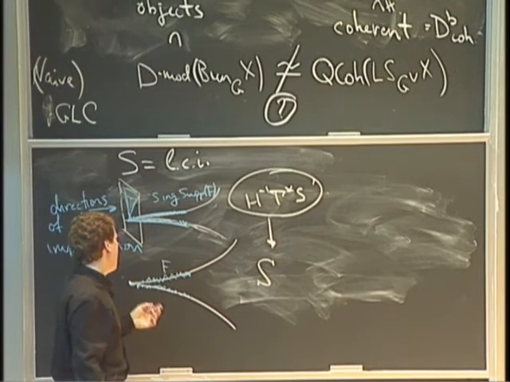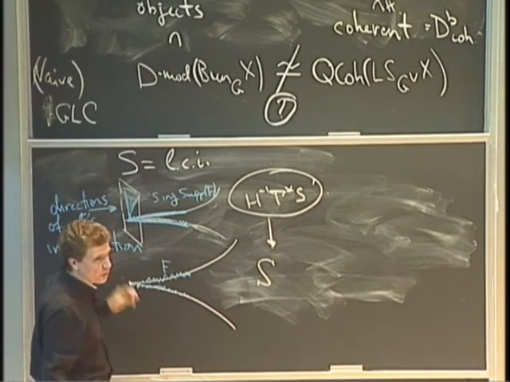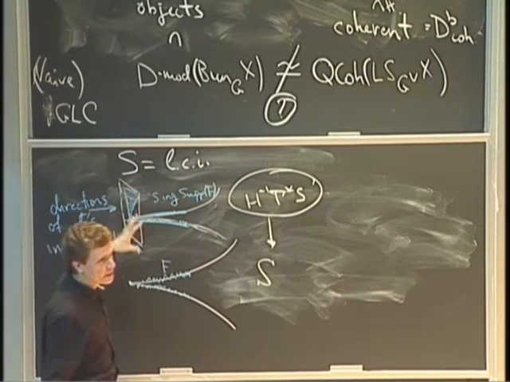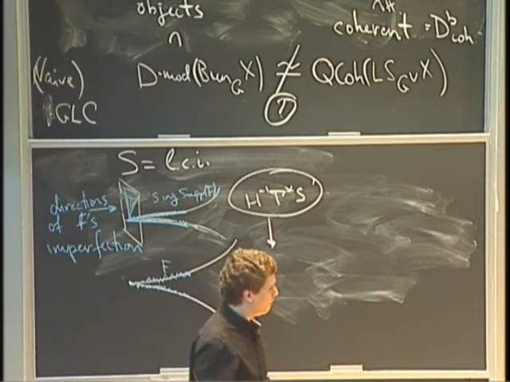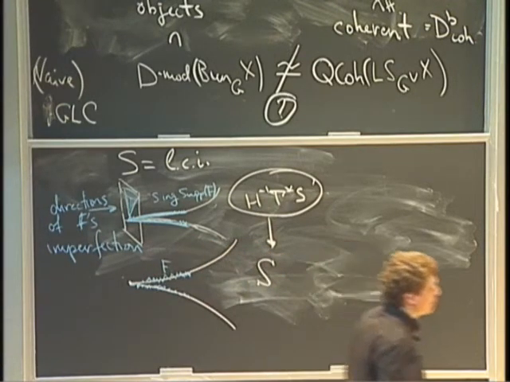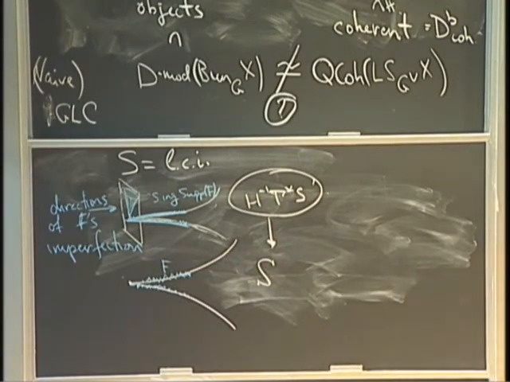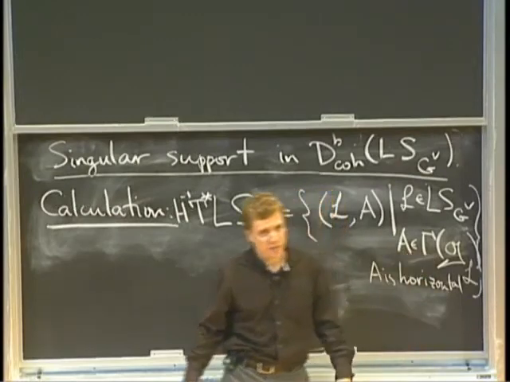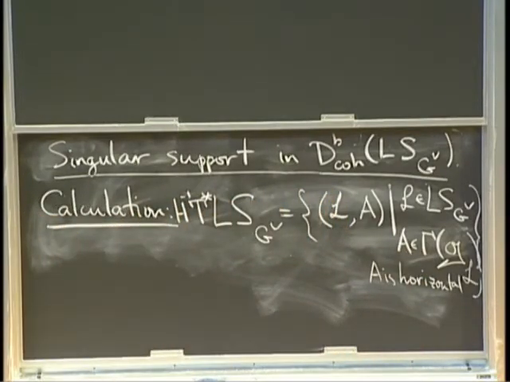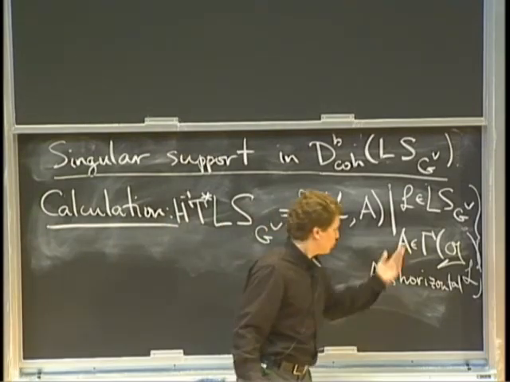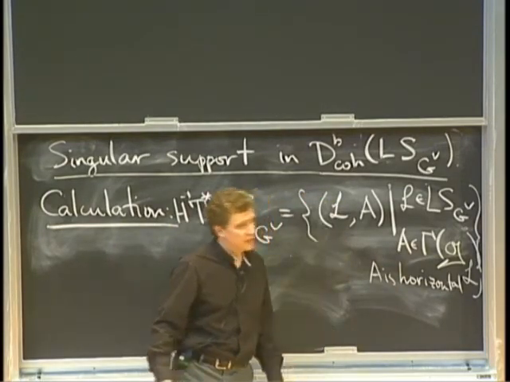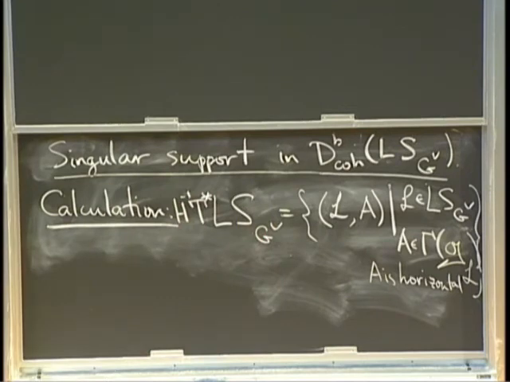For some of them, the dimension will jump, and you have a vector space. The dimension cannot jump too much because this endomorphism has to be horizontal, so it's actually determined by its value at any point. So the maximal dimension is the dimension of G, which will be achieved, say, over the trivial local system.